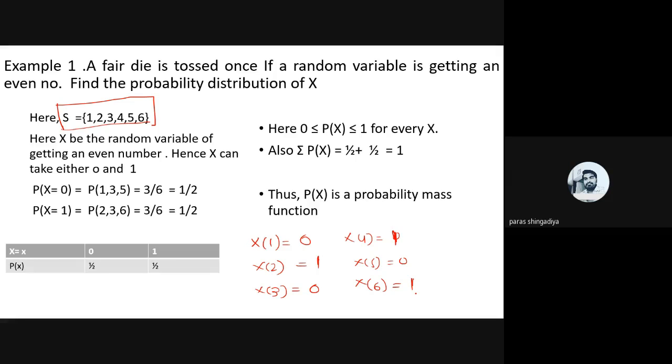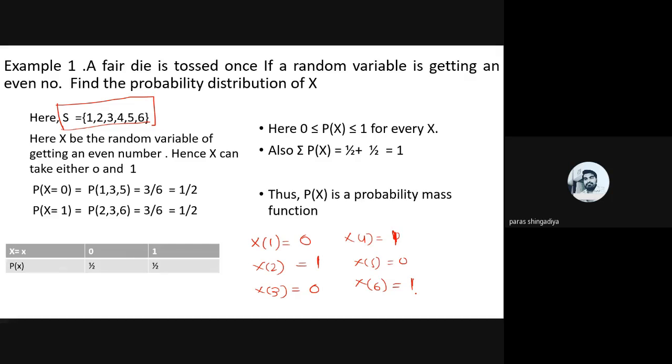Okay? So probability for x equal to 0. How many outcomes take x equal to 0? They are 1, 3, and 5. Total outcomes कितने हैं? How many outcomes in the sample space? There are 6 outcomes. ठीक है? उसमें से 3 outcomes ऐसे हैं which are considered as x equal to 0. So what is the probability for x equal to 0? There are 3 possibilities which give x equal to 0.